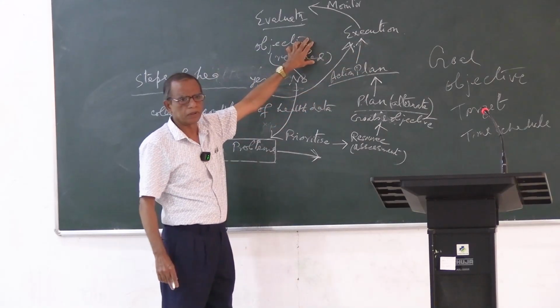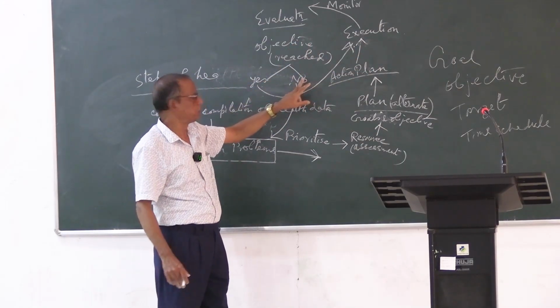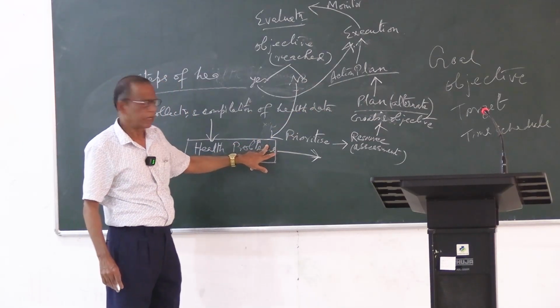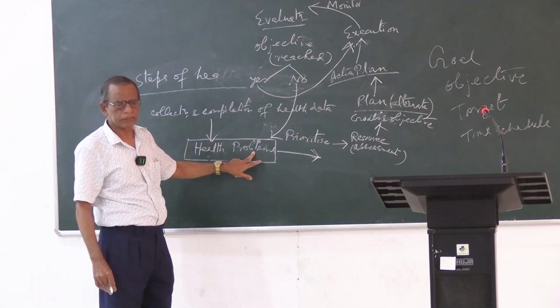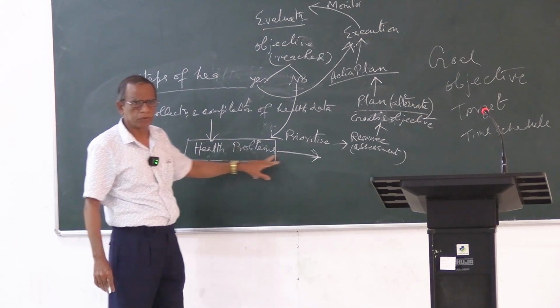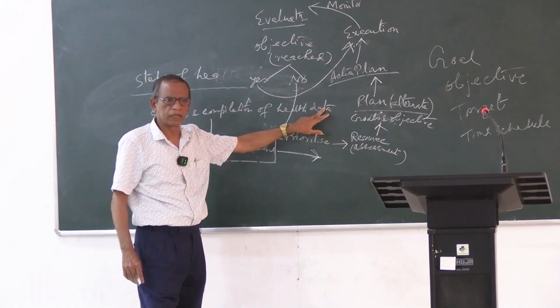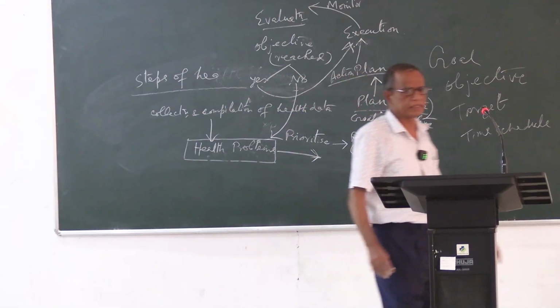But if we are not able to reach our stated objective, if it is no, then we again analyze the data properly and we try to sort out the health problems. What are the actual health needs, and accordingly we have to modify our objective or the goals. Clear? This is the planning cycle.